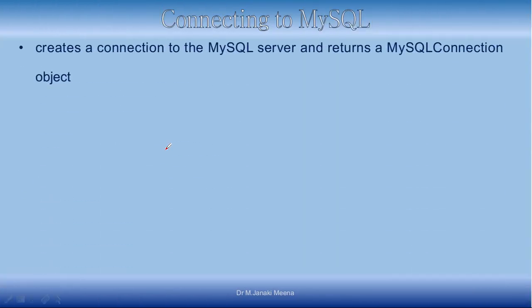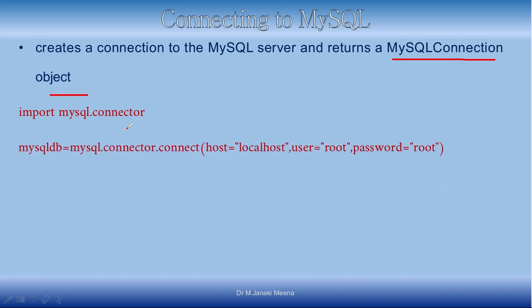How are we going to connect to MySQL, right? We are going to have a MySQL connection object for it. So the first step is to import the package: import mysql.connector. Then you get the MySQL connection object by using the connect function, and you have to pass the host.